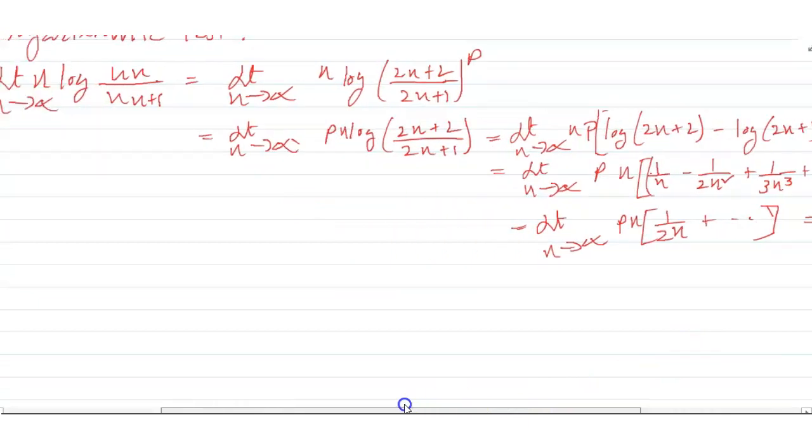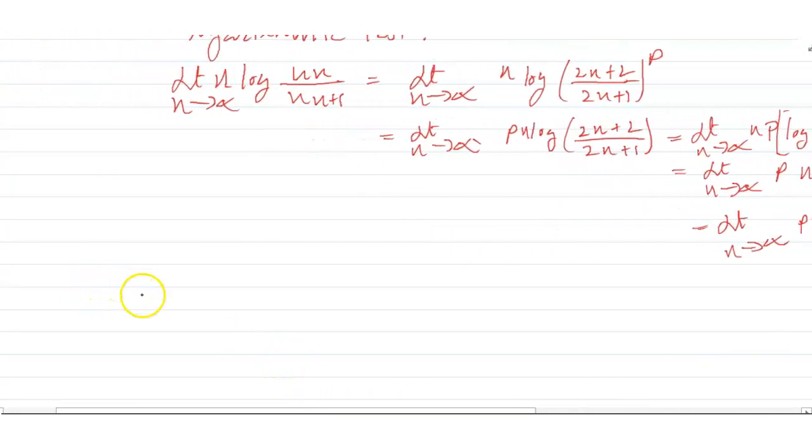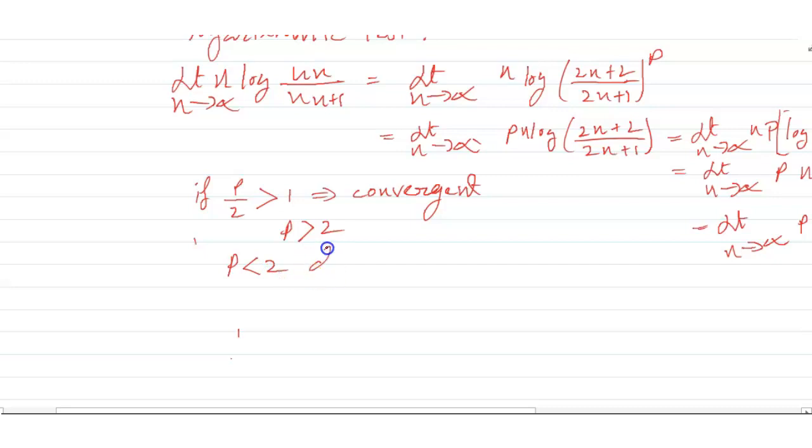And by the logarithmic test, if p by 2 is greater than 1, that implies convergent, and p greater than 2 is convergent and p less than 2 is divergent, and if p is equal to 2, then the test fails.